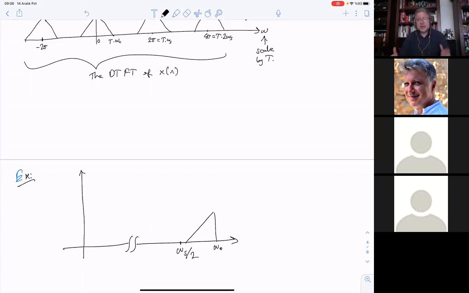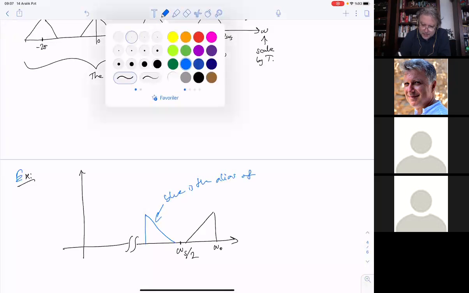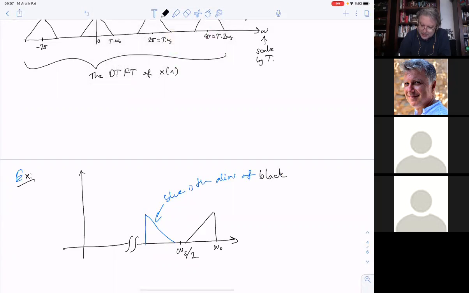If you have this kind of sampling phenomenon, then the sampled signal after reconstruction will look like the folded version of it, like this, the blue one. The blue is the alias of the black signal, like this.